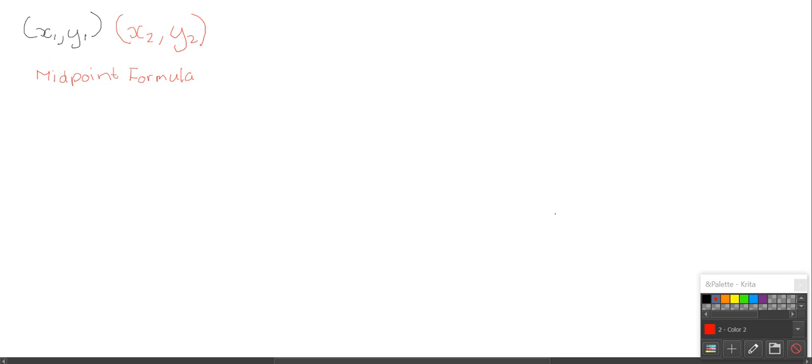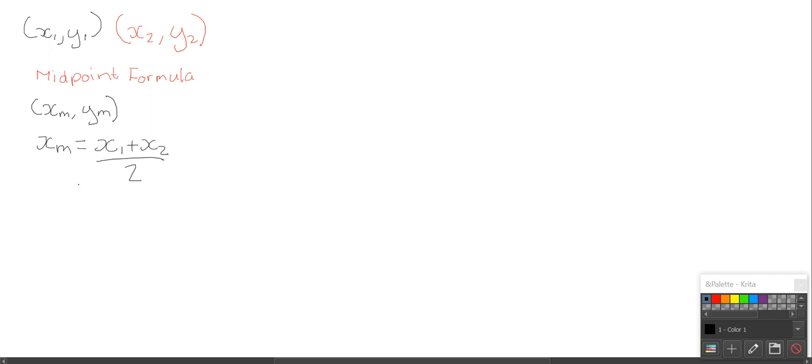So our midpoint formula is this. To find the x coordinate of the midpoint, let's call it xm, ym. If that was our midpoint, xm would be found by adding up the x coordinate of our first point and the x coordinate of our second point and then dividing by 2.